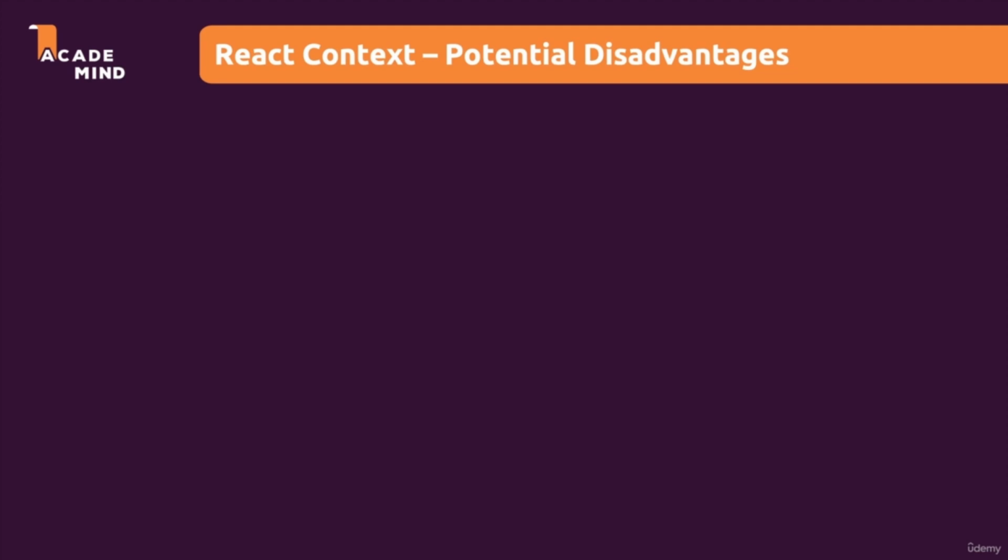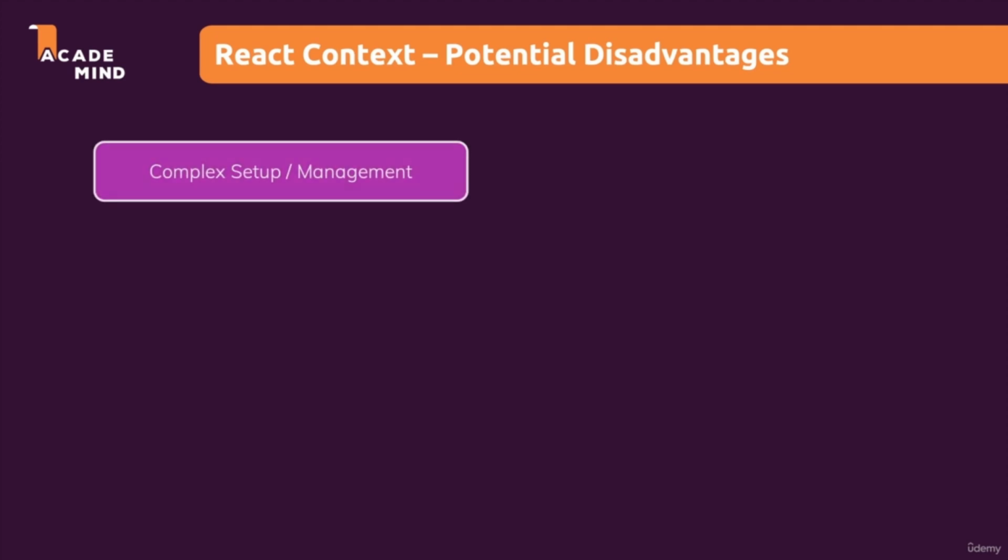But what are these disadvantages then? One potential disadvantage is that with React Context, you can have a very complex setup, and managing state with React Context can become quite complex. And that definitely depends on the kind of application you're building. For a lot of small or medium-sized applications, that will very likely not be a problem.